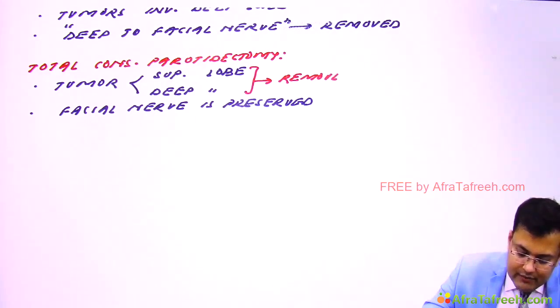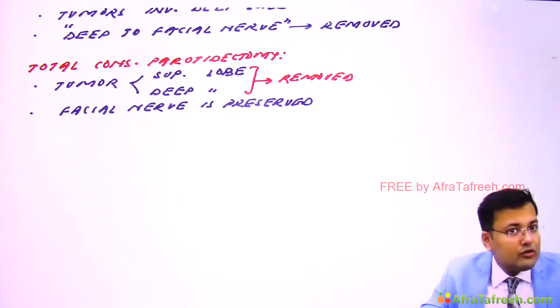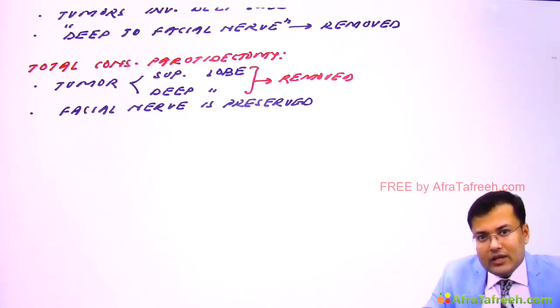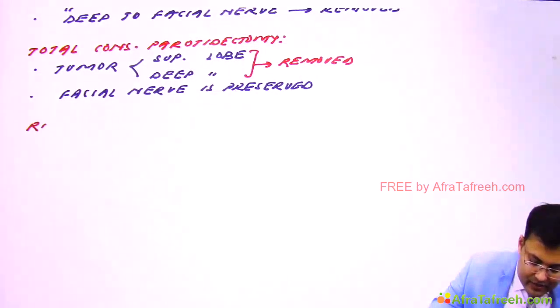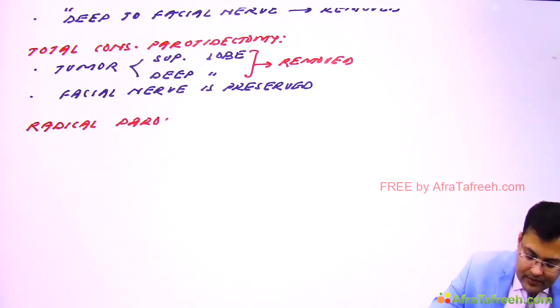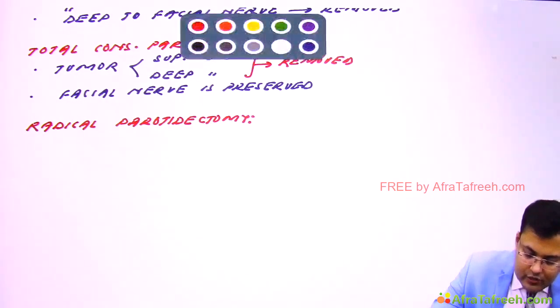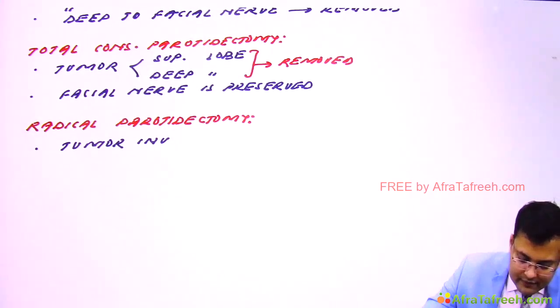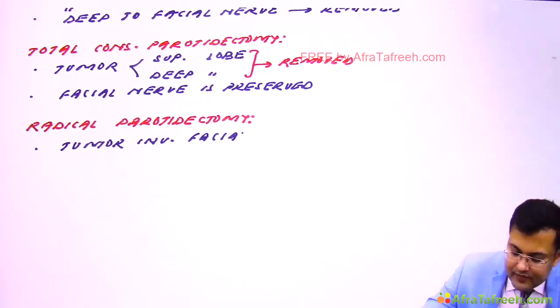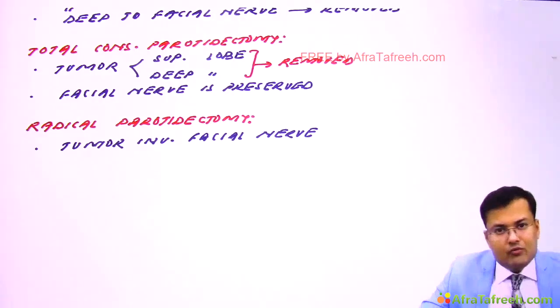And in tumors where there is involvement of the facial nerve also, we are going to remove the parotid along with the facial nerve. So this is radical parotidectomy. What is radical parotidectomy? Here the tumor involves the facial nerve, and since the tumor involves the facial nerve, we have to excise the facial nerve apart from removal of the parotid.